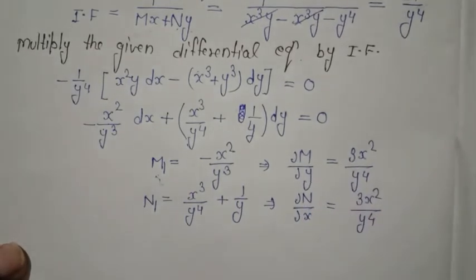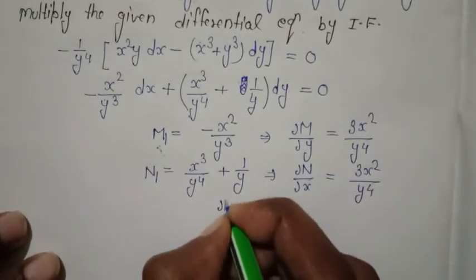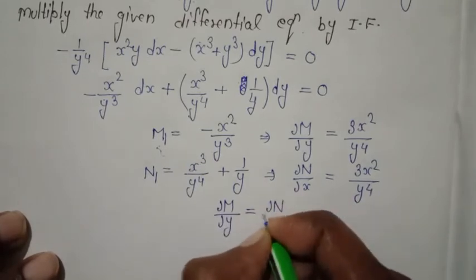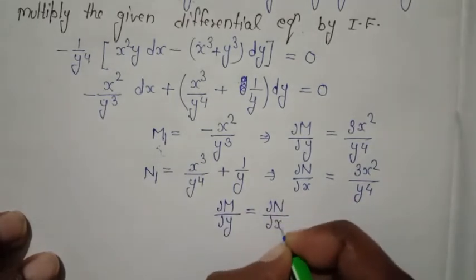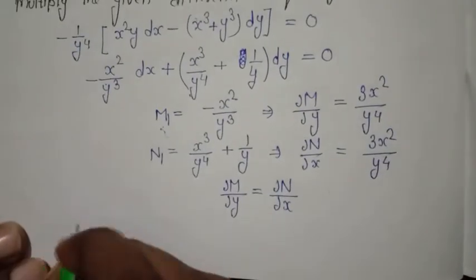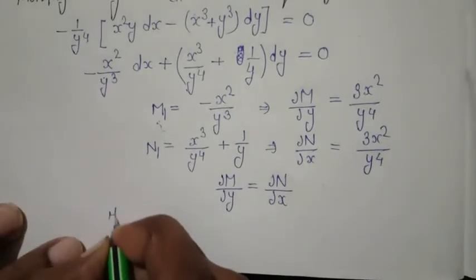So now you can see the condition of exactness is satisfied. That is, partial M upon partial y is equal to partial N upon partial x. Then I can apply the further method, which was the solution method. So what was the method to solve such type of exact differential equation? I told you about that.